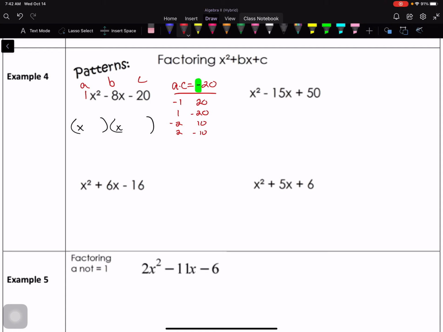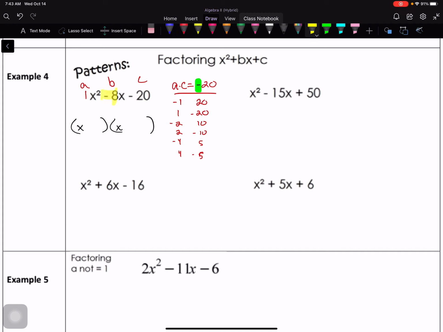But until you get used to finding the right one, until that starts to click, the best way is just to list them all out. So let's see, we could also say negative 4 times 5, and flip the sign, and that is it.